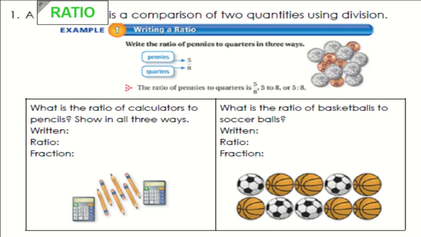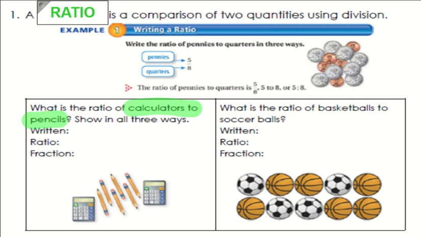If you look at the bottom left here, we got calculators and pencils. The most important part, though, is always going to be the order. It says calculators to pencils, right? What that means is calculators has to go first. If calculators does not go first, it's going to be a completely different problem. Everybody clear on that? So order is going to be super important.